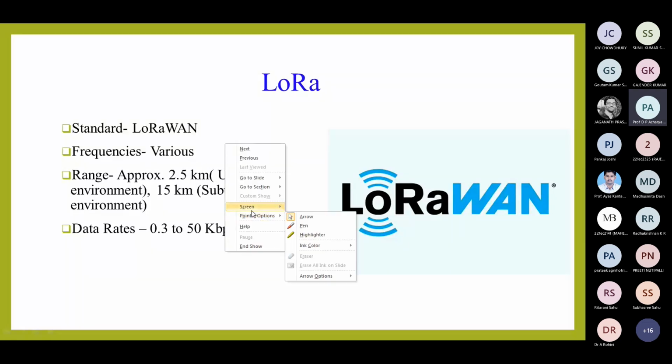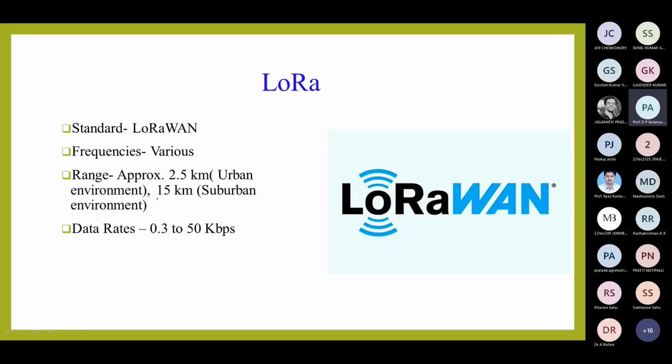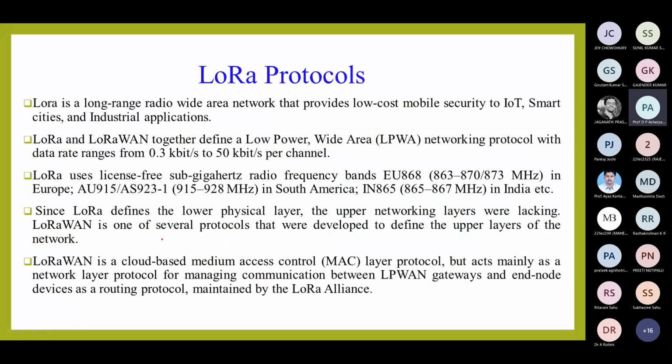There are different standards in LoRa itself, and they use different frequencies. I told you more than 10 kilometers if you have a good environment, and the data rate supported is also very high. It's low cost, mobile, secure, for IoT, smart city and industrial applications.